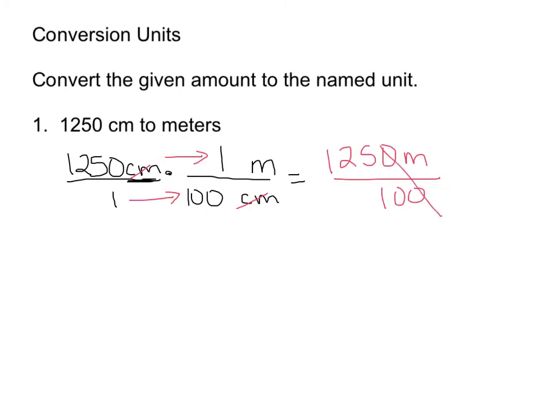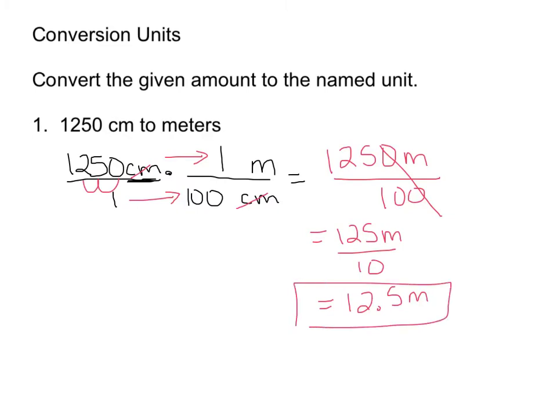Reduce. So right now I have 125 meters over 10, which is 12.5 meters. Some of you might have learned it a little bit easier, just move the decimal 2 places. But nonetheless, that's how you do it using the conversion fraction. Okay, let's look at another example.